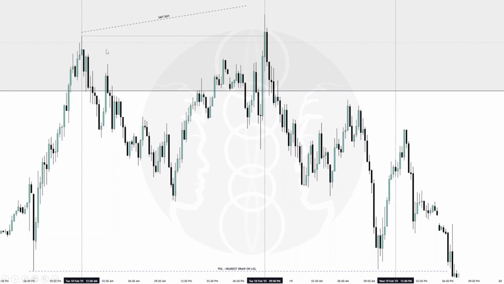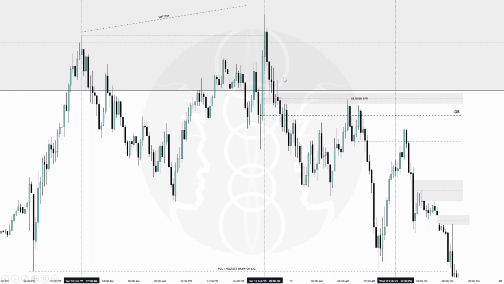You can see right here, we have this SMT and this SMT as well. If I add some analysis for this SMT right here, everything here will make a lot more sense. This is the daily bearish PPR and this is 15-minute bearish PPR.